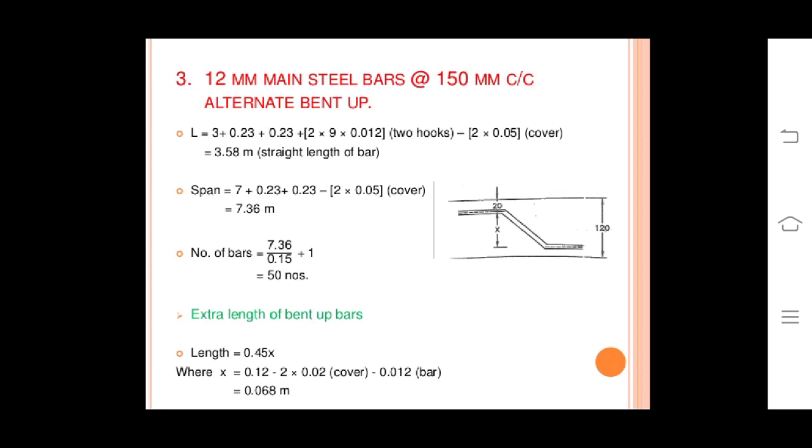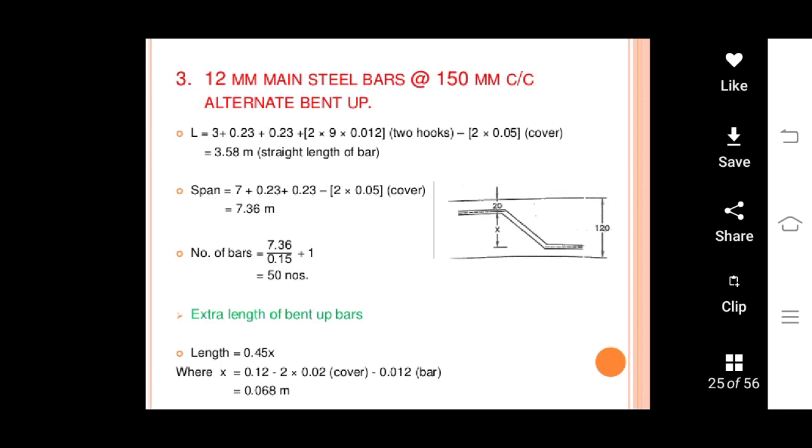The span can be calculated by adding 7 plus 0.23 plus 0.23 minus both side cover, which gives the straight line length equal to 7.36 meter.